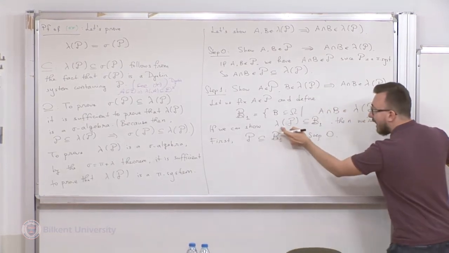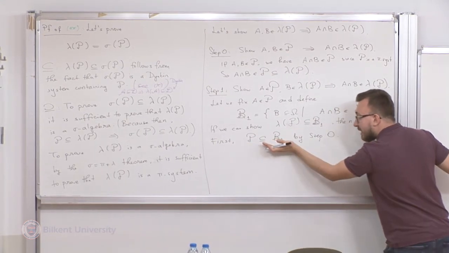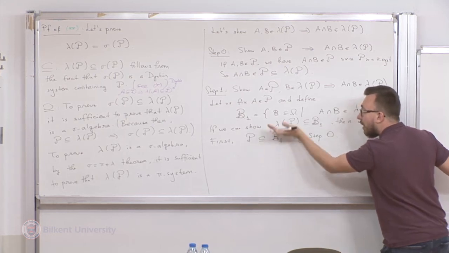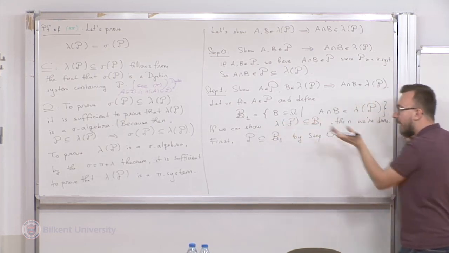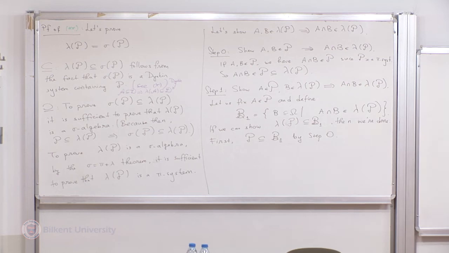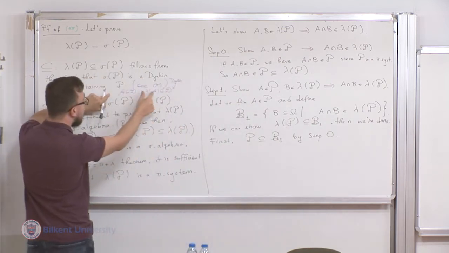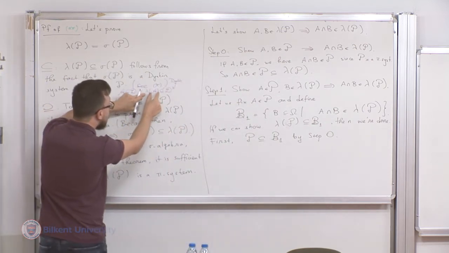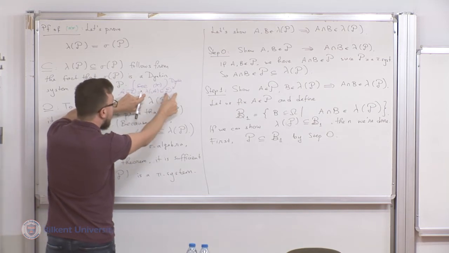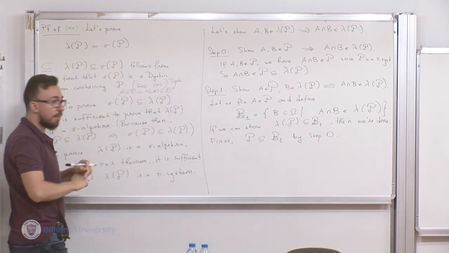And we'd like to say that, oh, P is a subcollection of B1, so lambda P is a subcollection of B1. How can I say that? What should I prove about B1? If I can prove that B1 is a Dynkin system, then, hey, P is a subcollection of this Dynkin system, so the Dynkin system generated by this P is also a subcollection of my Dynkin system.